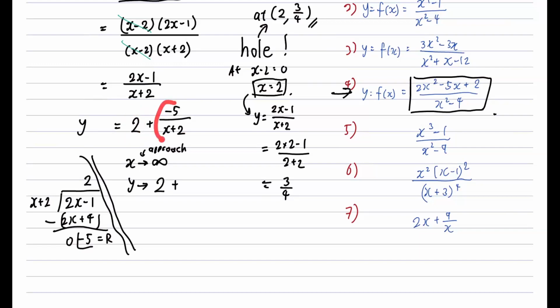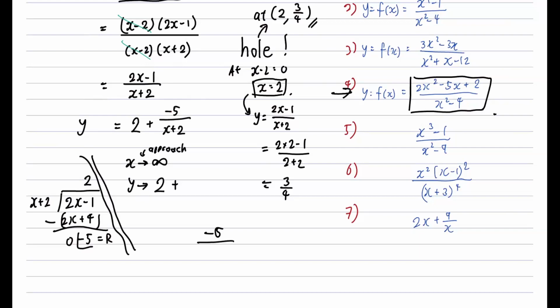Plus, now let's think about this guy here, -5 over x plus 2. What happens when x gets bigger and bigger? You get a smaller number: 10 plus 2, 100 plus 2, 1,000 plus 2, 1 million plus 2. But the value goes towards what? It's always negative. You just sub in a few values.